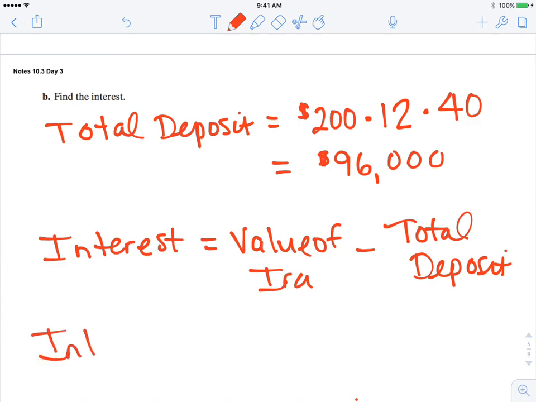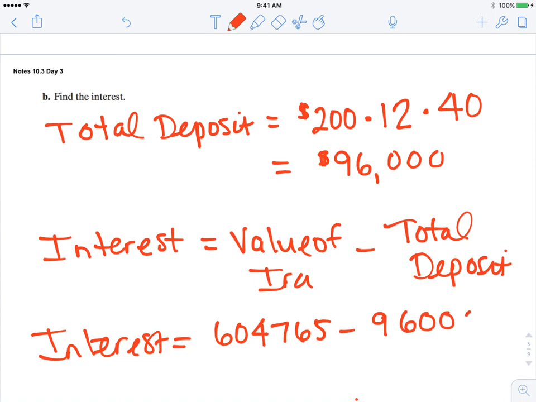So the interest that you earned is the value of the IRA, $604,765, minus how much you deposited over that 40 years. You subtract that out, and the interest that you made on your account is $508,765.